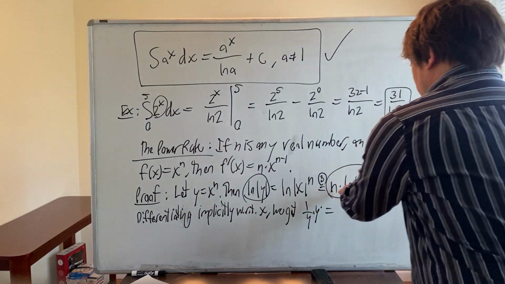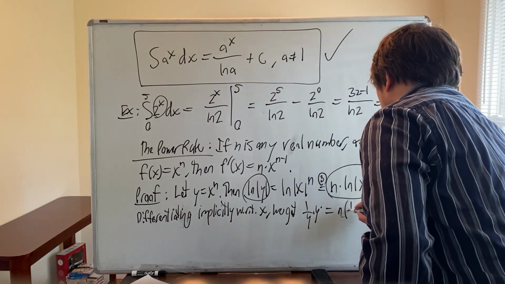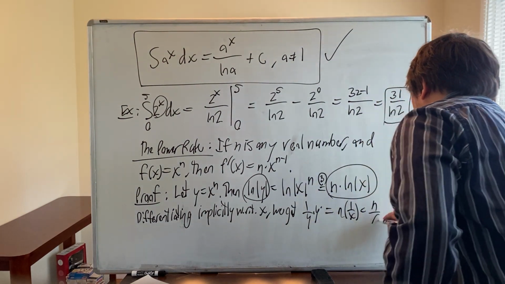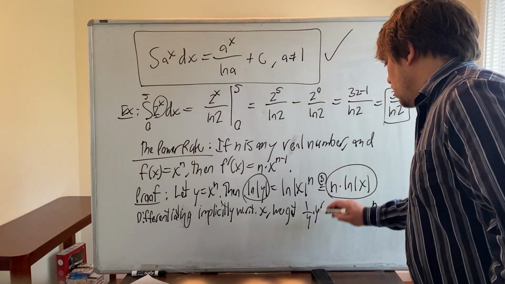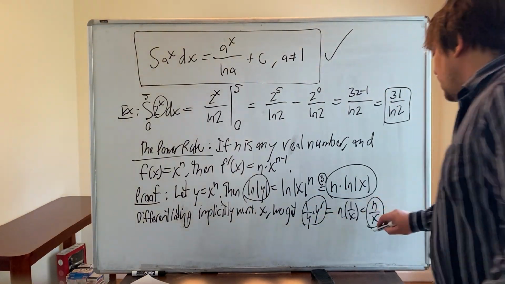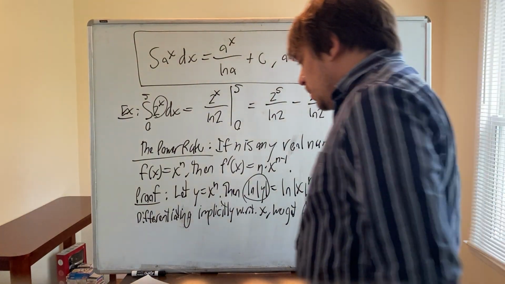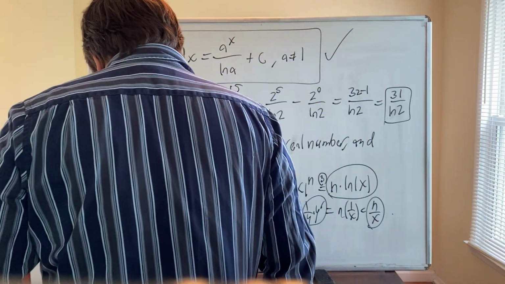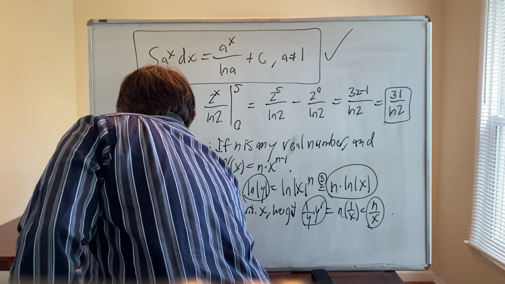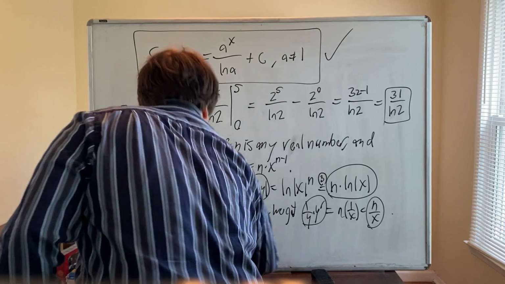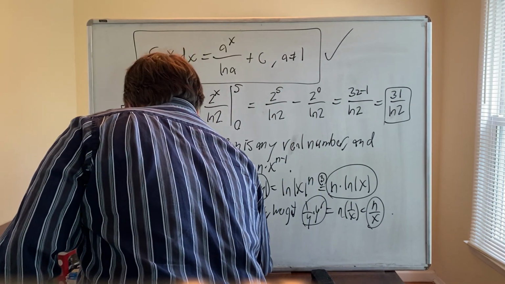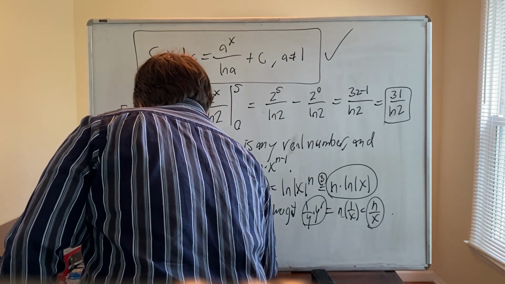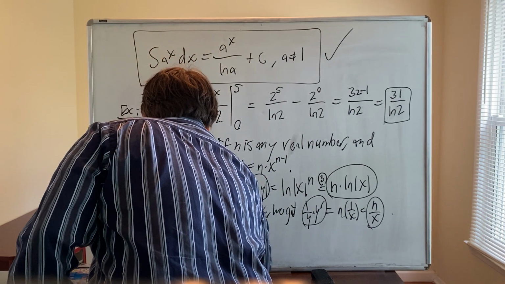And that's equal to derivative with respect to this, which is n times 1 over x, which is n over x. So now we have 1 over y times y prime is equal to n over x. So y prime is now equal to y times n over x.